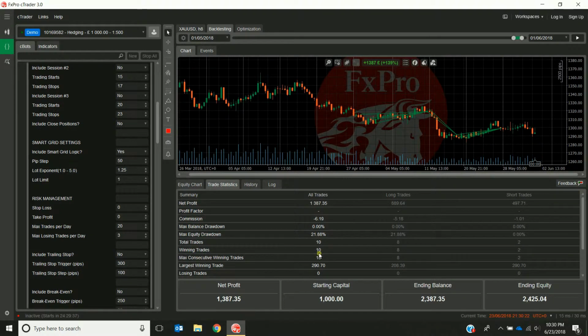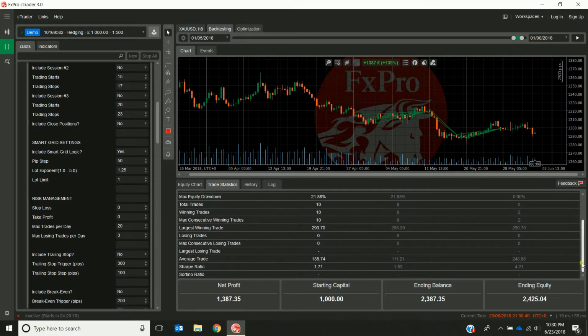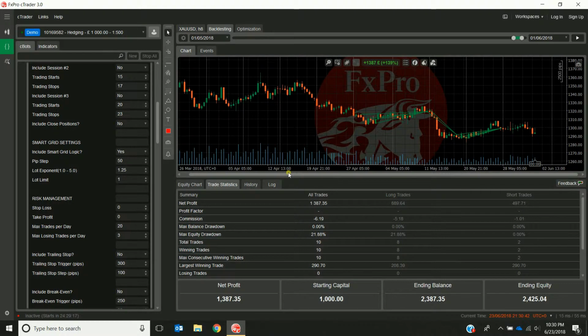Total winning trades in this case was, fortunately enough, 10. And obviously the maximum consecutive winning trades was 10 here as well, because it didn't lose one. It will also tell you your largest winning trade and your largest losing trade, if there was one. You can scroll down for a few more options down there as well on the side.